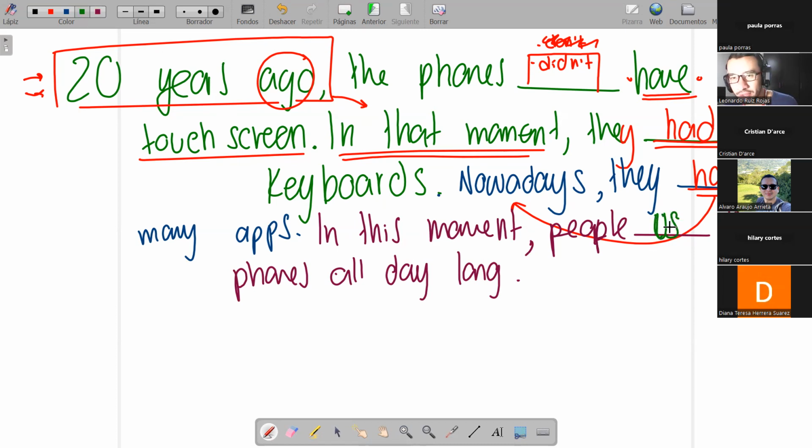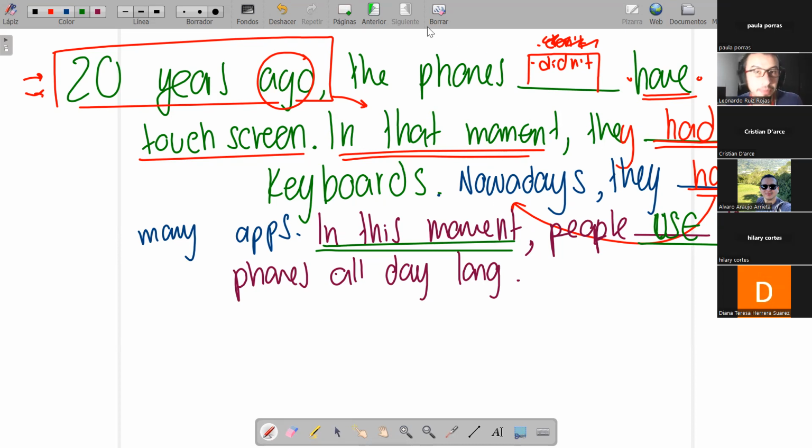Use, en presente, of course. ¿Por qué? Porque ya sé que es in this moment, sigo hablando del presente, ¿cierto? Entonces, las expresiones de tiempo me permiten contextualizar mi idea y usar los auxiliares y los tiempos correspondientes a lo que yo quiero decir.